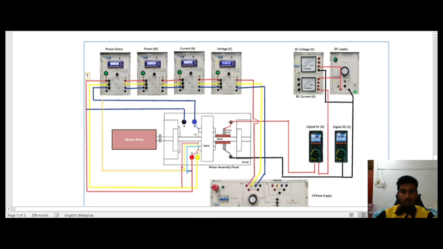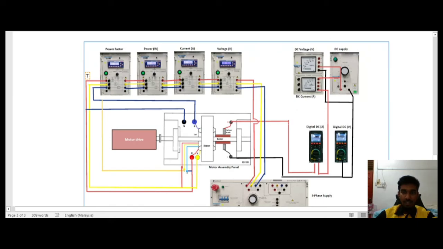Then for the DC excitation, this is the DC power supply supplied to the rotor parts of the motor. The DC supply from the positive enters the voltage measurement tools, then enters the current meter, and the output of the current goes to the digital ammeter.